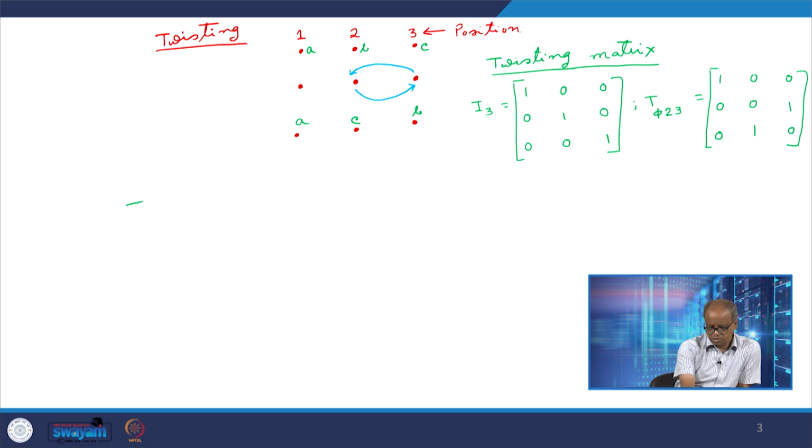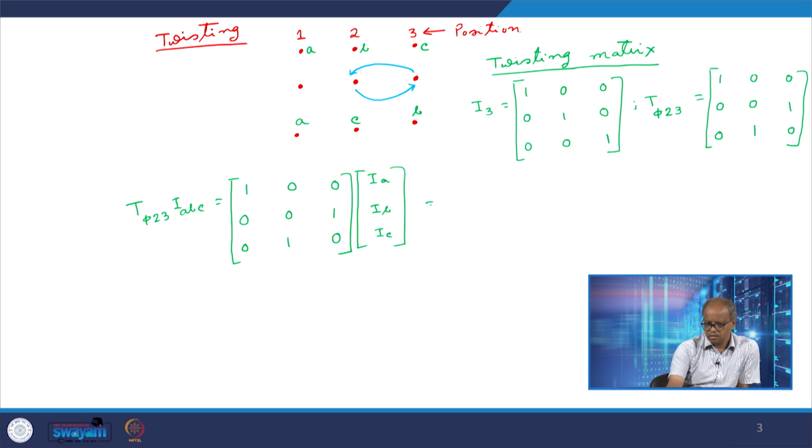If I write T_φ23 into [IA IB IC], that means T_φ23 is 1 0 0, 0 0 1, 0 1 0, times IA, IB, IC, I find that this vector becomes IA, IC, IB.